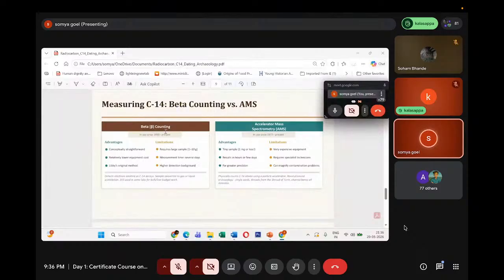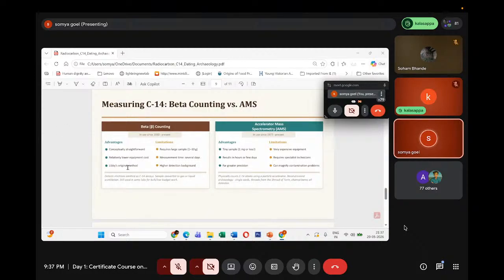Beta counting is the original, the OG method, developed by Libby in 1950. In this, we take the sample and chemically convert it into gas or liquid, place it in a detector, and the machine counts the electrons emitted by the carbon 14 atoms decaying over several days.